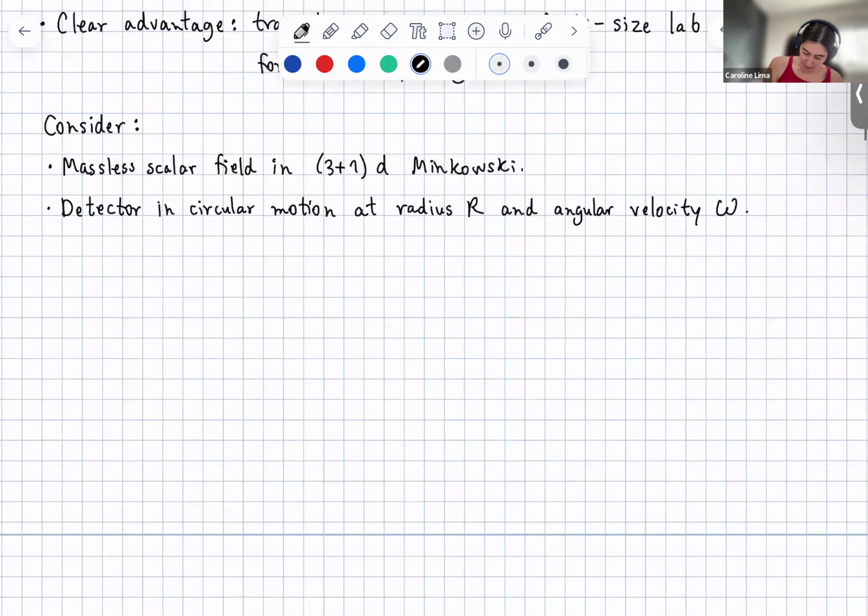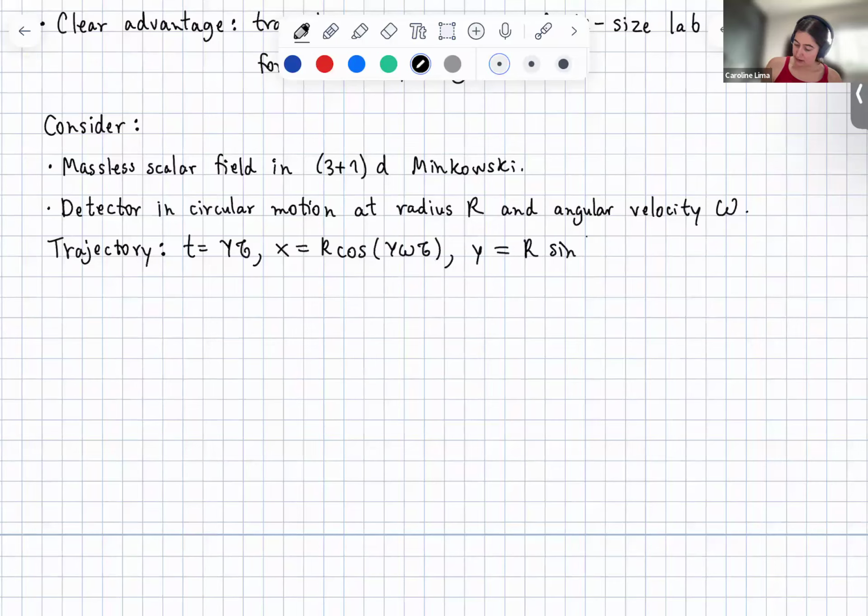The trajectory of this detector is going to be simply, with gamma omega tau: one of the directions is r cosine of gamma omega tau, another direction is going to be the sine, and the other one is just fixed, so I can put a 0 here.